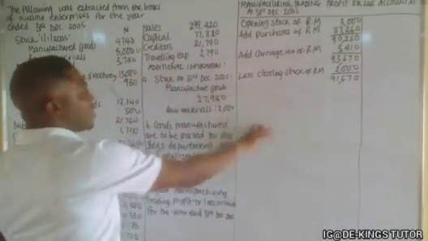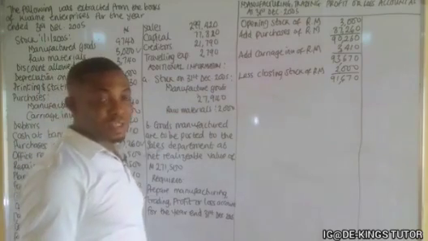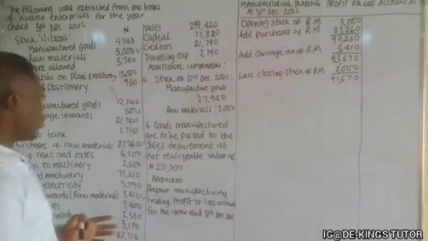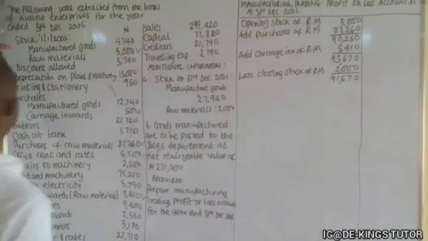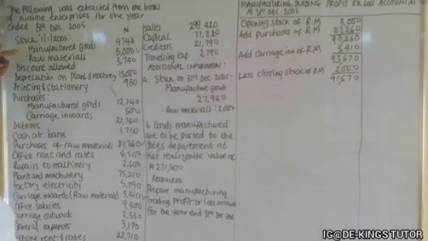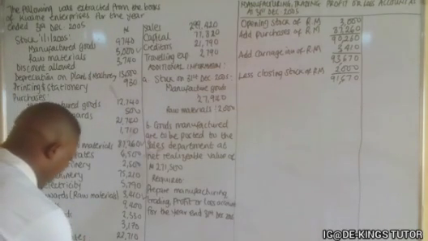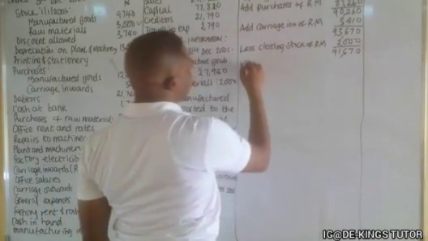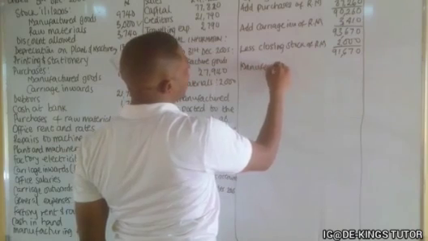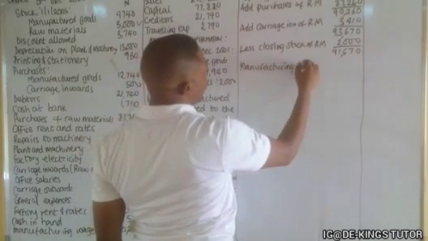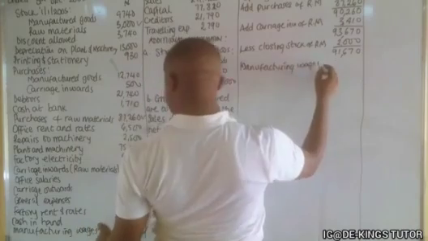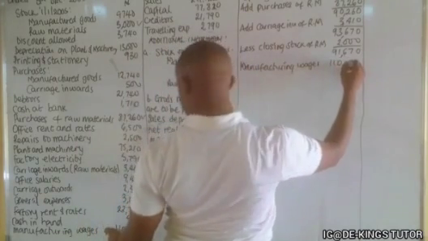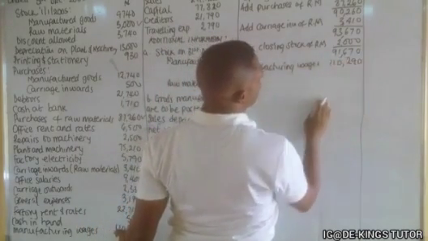Now the next items we're going to post here are the direct expenses that can be traceable. We've seen that before. So we're going to check if there is any direct expense here. Manufacturing wages is a direct expense, 110,290.